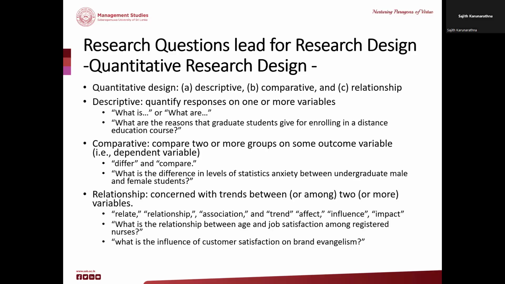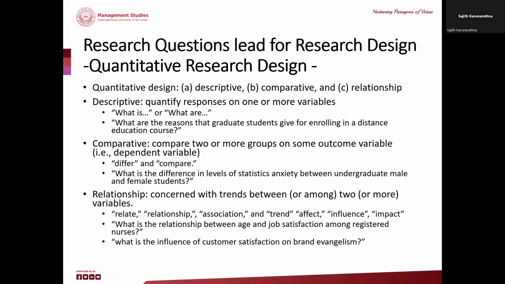Whether to select an experimental design or non-experimental design is based on whether you are going to manipulate an independent variable or not. Remember that. If you are manipulating, controlling the entire research atmosphere, then you have to proceed with an experimental design.